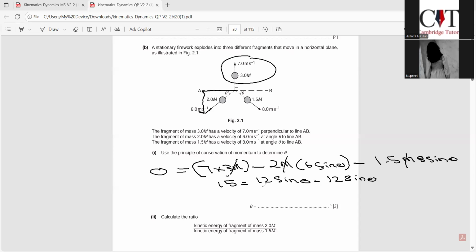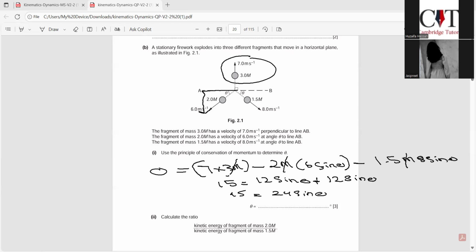Okay, now let's start again. If I take it there, it would be plus, sorry. So I can write here 15 equals 24 sine theta, right? Yes. Because I have taken these two terms to the left side of the equals sign, so their sign changes.